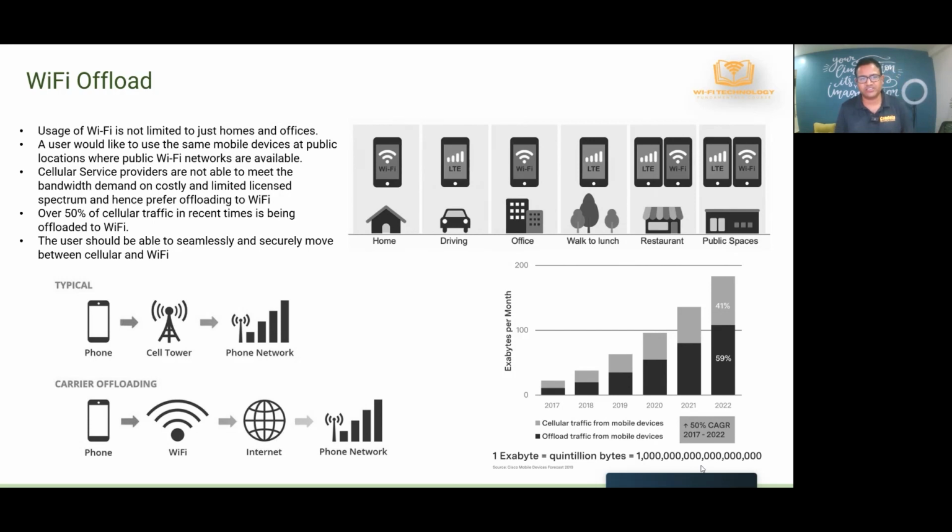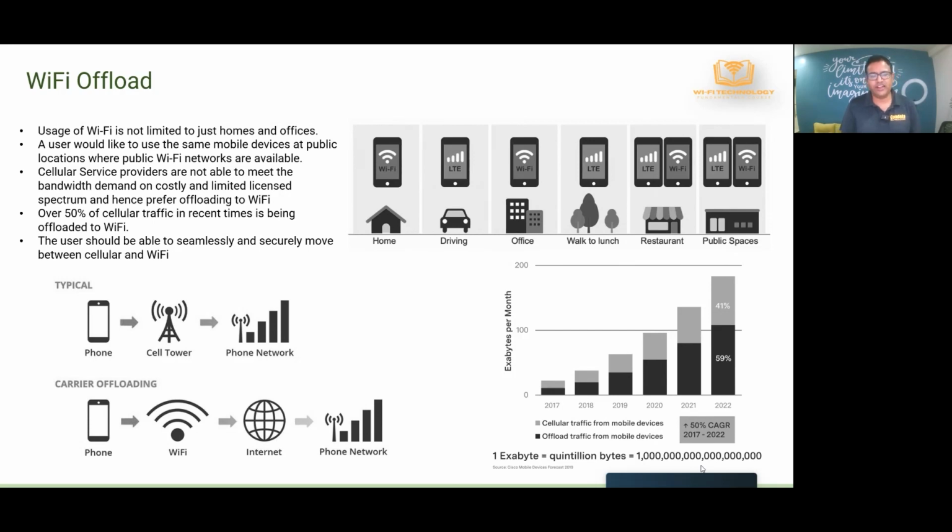Cellular networks are not equipped to handle that amount of traffic, and it's very expensive for them to use licensed spectrum. So cellular network providers are constantly trying to offload as much traffic onto Wi-Fi as they can. Some data shows that already 50 to 60% of the traffic from cellular networks is offloaded onto Wi-Fi in many locations.